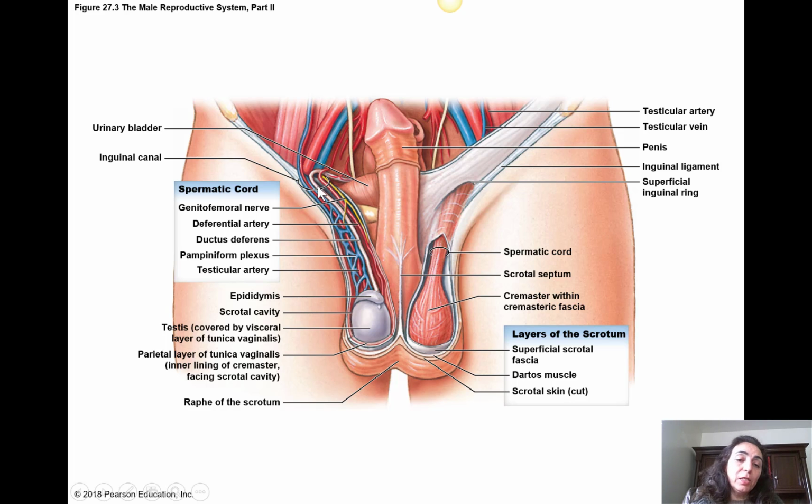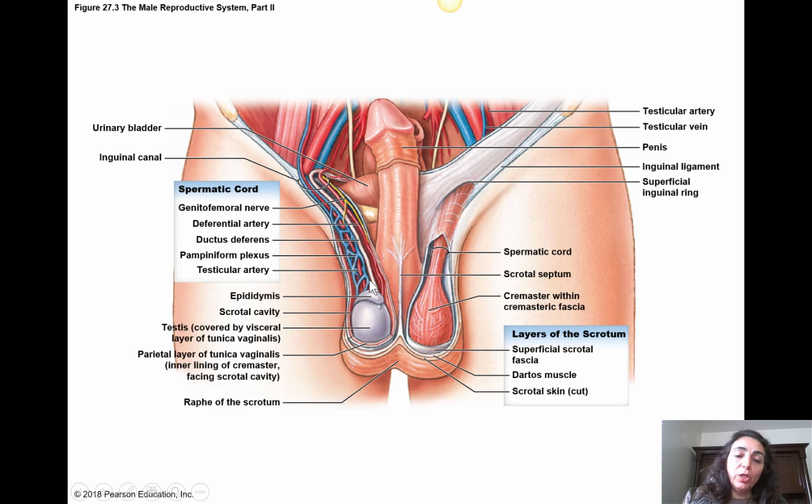As it's going out, it makes a double layer here. When it goes down, that double layer surrounds the testis; one layer covers the testis itself, which we call visceral. That layer of the peritoneum is the one making the tunica vaginalis.